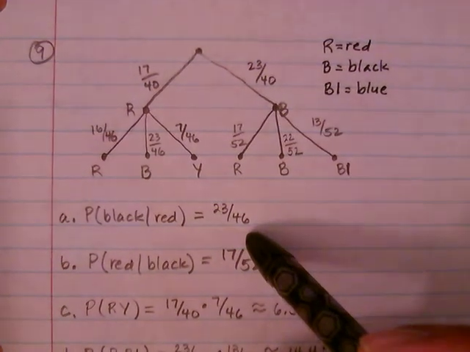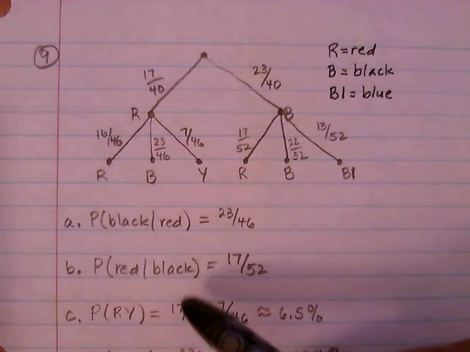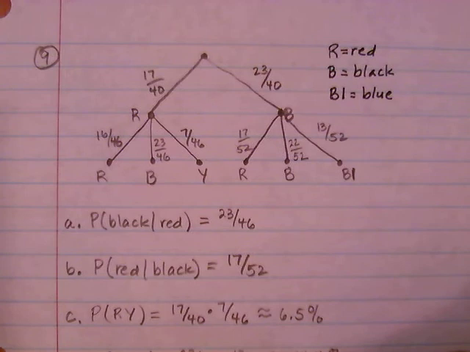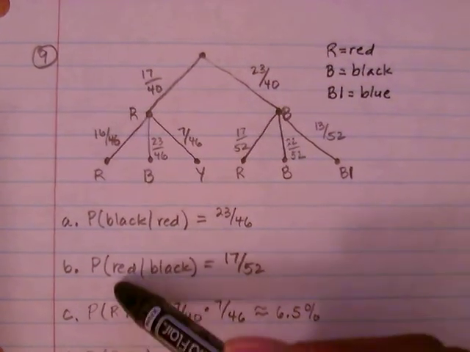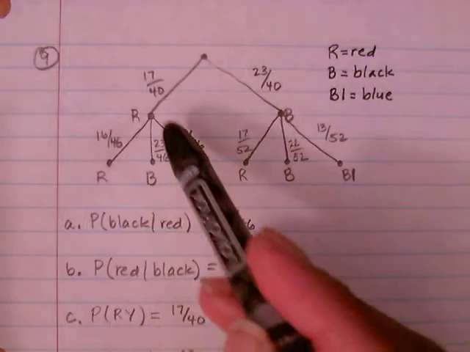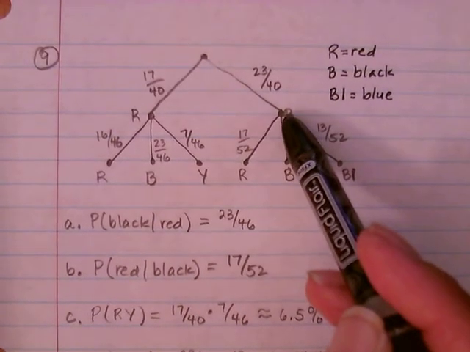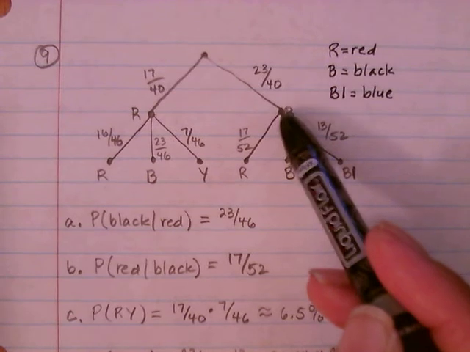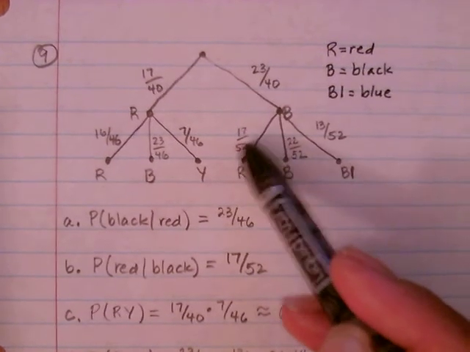And then part B, the probability that the second marble is red, given that the first marble was black. That's this right here. Given that the first marble is black, what's the probability of selecting a red marble? It's right here, 17 over 52.